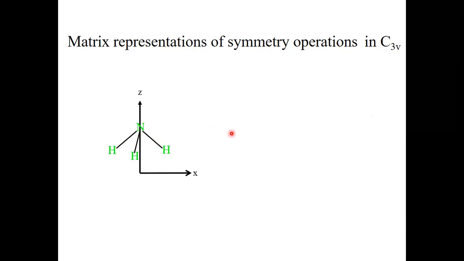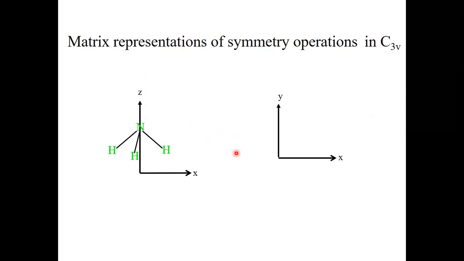Okay. So now in this case, we have a principal axis of the order 3, a C3 axis, and the C3 axis rotates around the Z axis. So now let us consider how the coordinates are being transformed as we carry out such a symmetry operation.